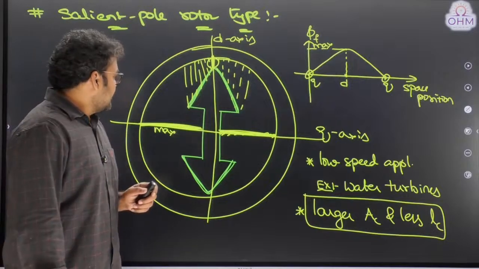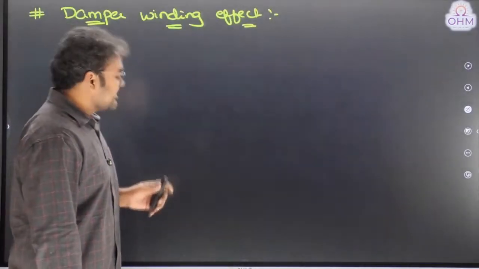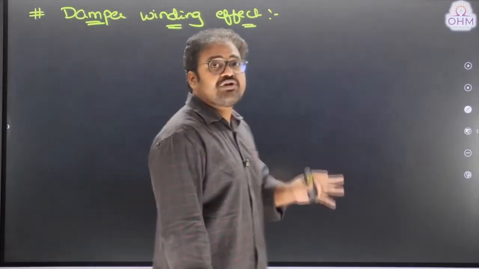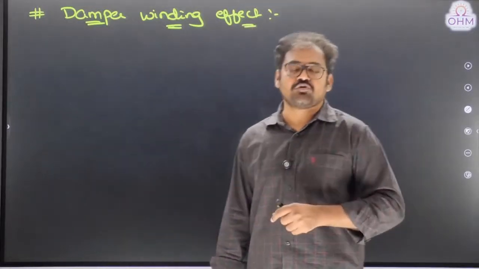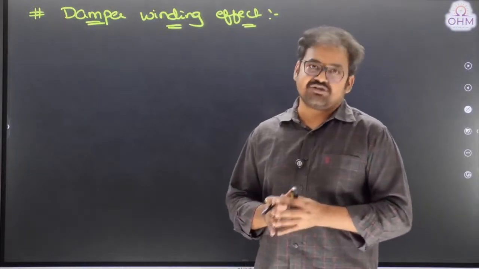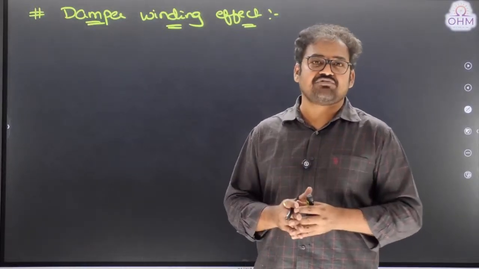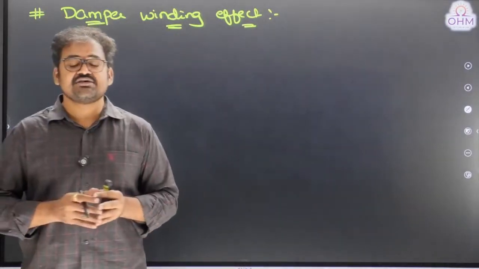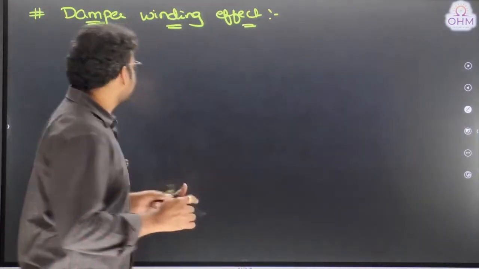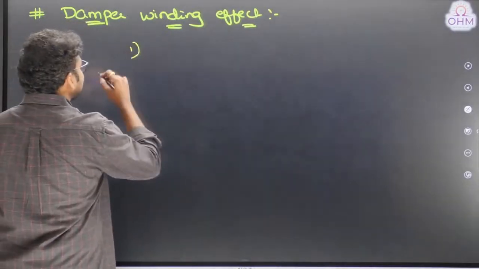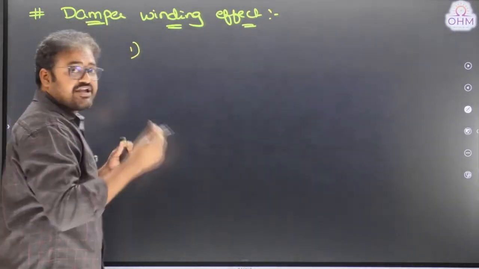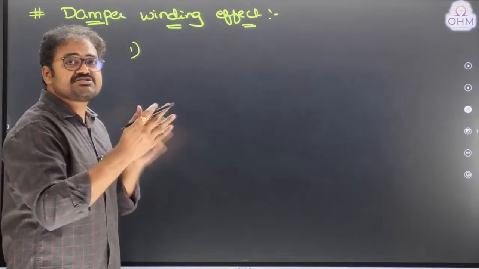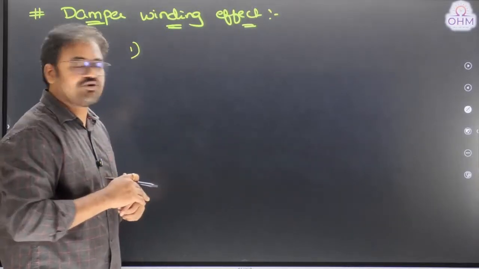Next important observation is the damper winding effect on the salient pole rotor. Why are damper windings used? Where do we place damper windings? Damper windings serve three purposes in synchronous machines. First, because of the damper winding, oscillations can be reduced during the hunting phenomenon.